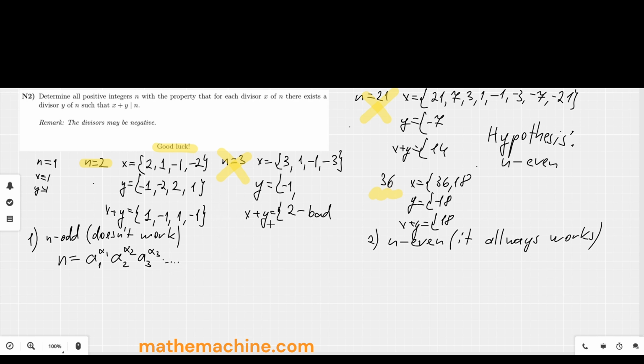Without loss of generality, let us consider that a3 is greater than a2 and a2 is greater than a1. And since the number is odd, we don't start with 2 here. a1 is greater than 2, so basically it is at least 3. So a1 is greater than or equal to 3.